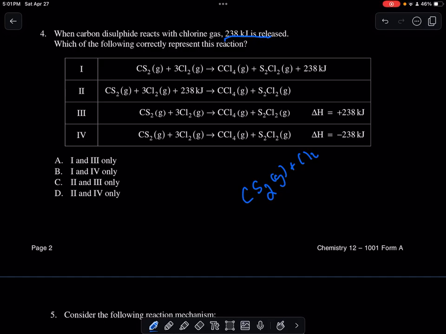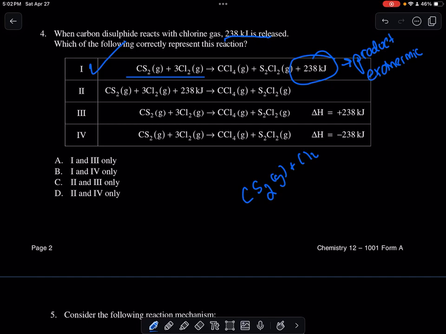So in this case, what we have is a reaction between CS2 and Cl2, and we can see that heat is a product, and that means that this is exothermic. So this one is correct.